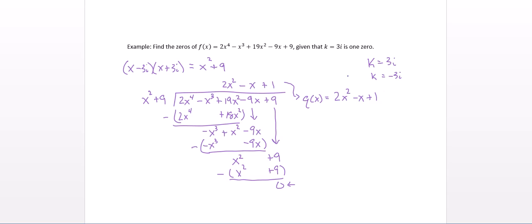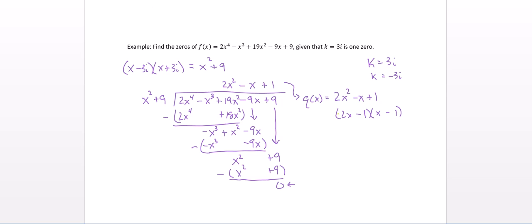And as I try to factor this, I always try to factor first. This will be 2x times something and x times something. To get the 1, it has to be 1 and 1. To get a positive 1, they have to be the same sign. But this tells me they should be negative, but that doesn't work out. We have a negative 2x and a negative 1x. That's a negative 3x.